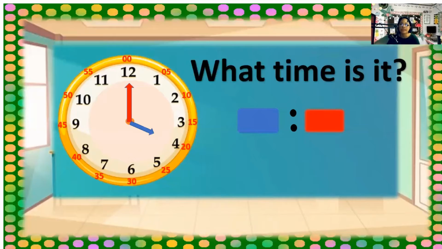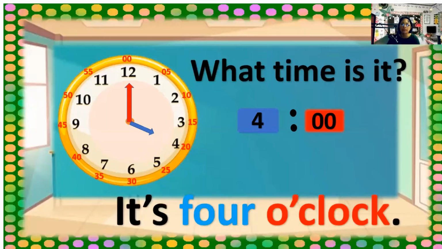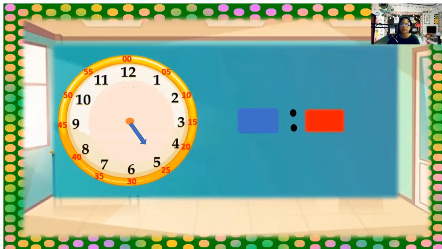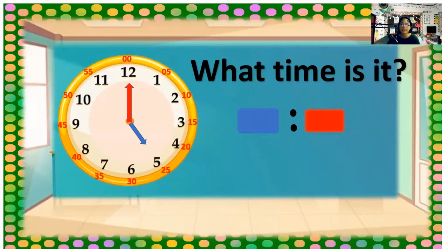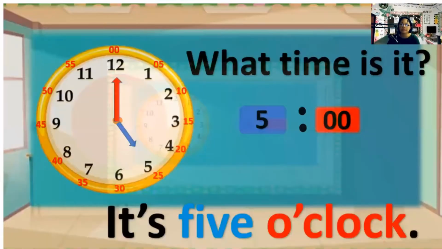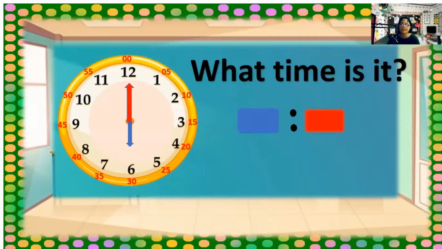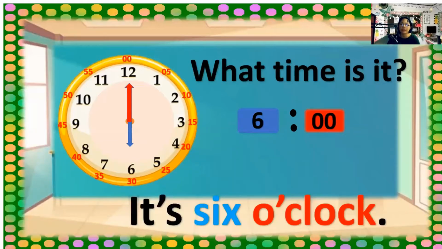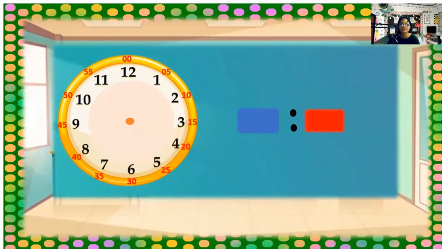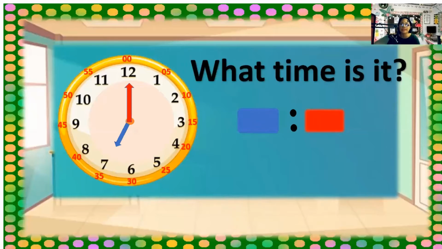What time is it? It's 4 o'clock. What time is it? It's 5 o'clock. What time is it? It's 6 o'clock. What time is it?